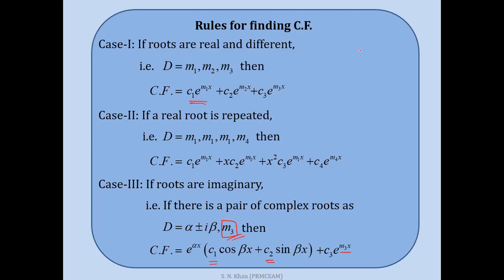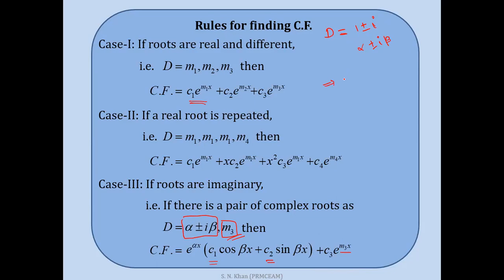Okay, so now I will show you an example. Suppose we are having D equal to 1 plus minus i. It is a complex pair of roots, so we have to compare it with alpha plus minus i beta, for which we have written the formula. We have written the formula for roots alpha plus minus i beta, so compare these two complex numbers.